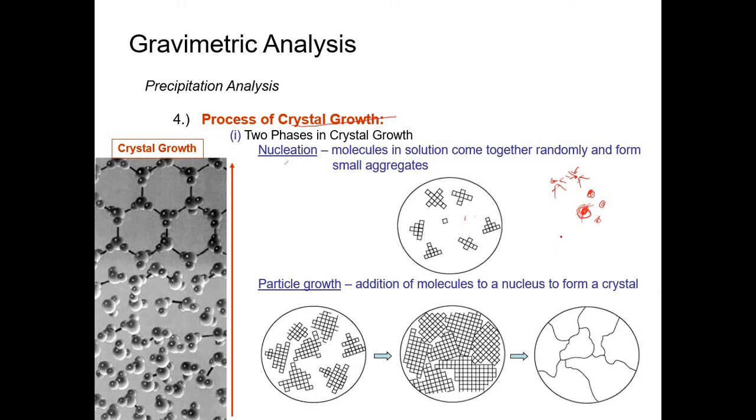Depending on the speed of nucleation and particle growth, whichever of the two phases is favored will determine how good the quality of your crystal is. So it depends on these two phases.